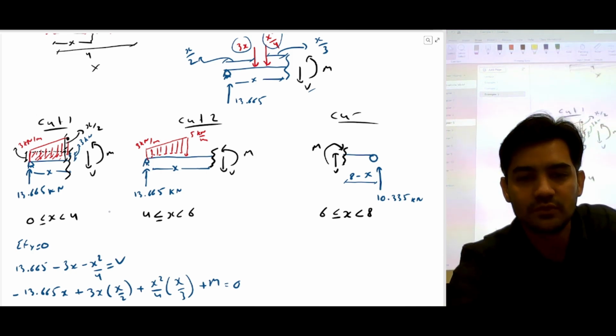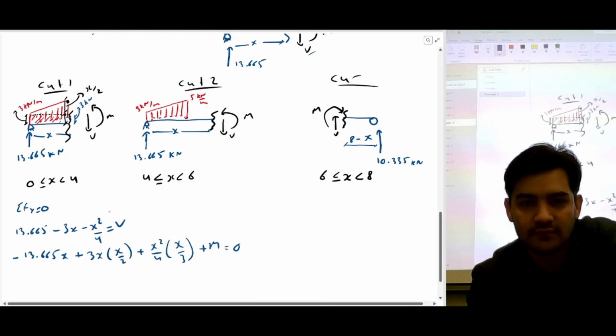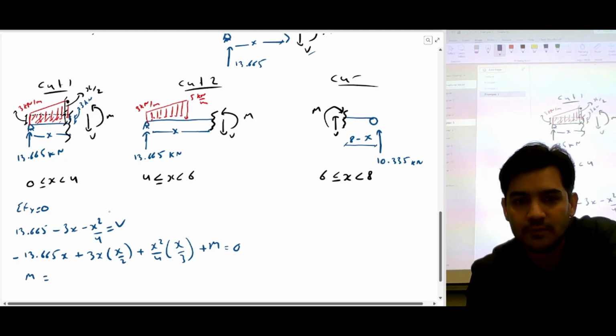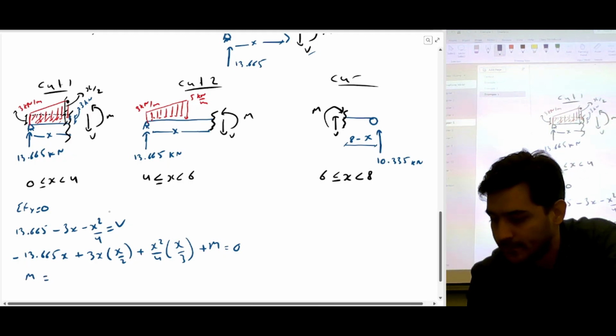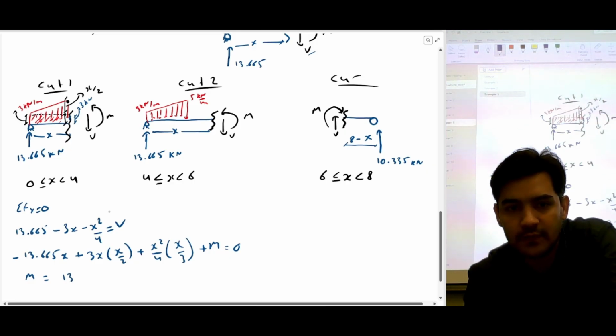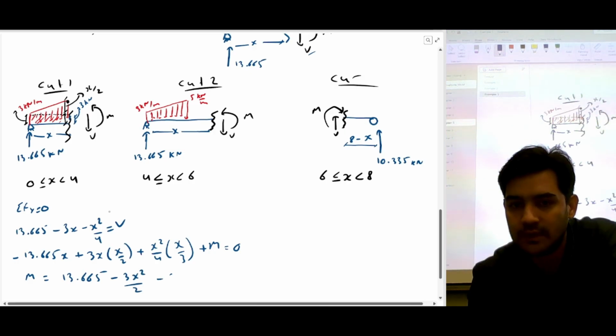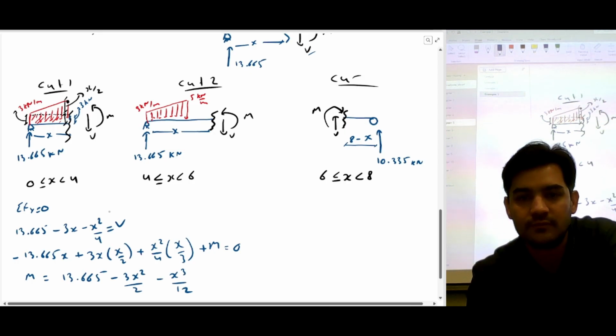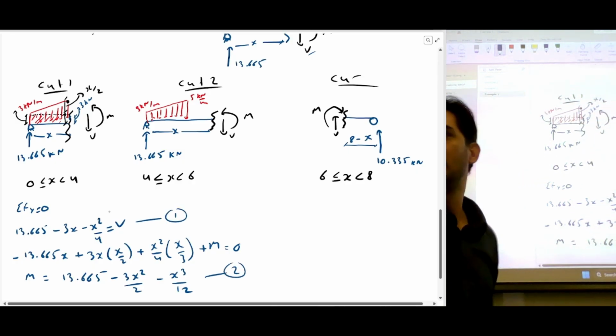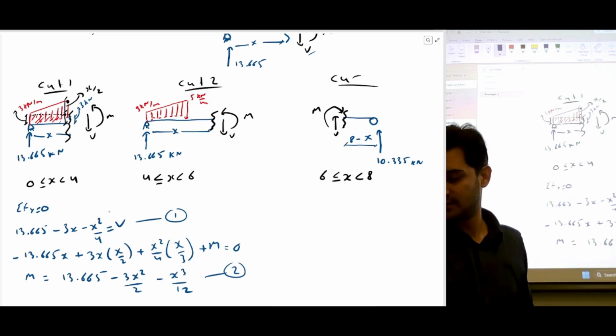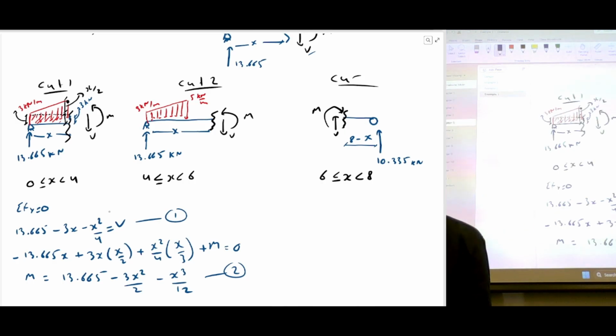From here you can easily calculate the value of moment. So the moment would be 13.665x minus 3x squared by 2 minus x cubed by 12. So this is equation 1, this is equation 2. If you guys are getting the same, then it's okay.